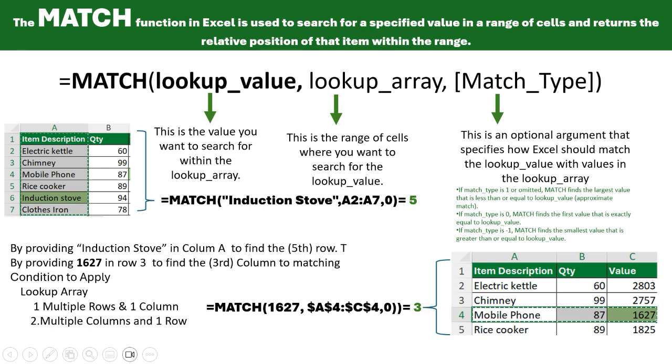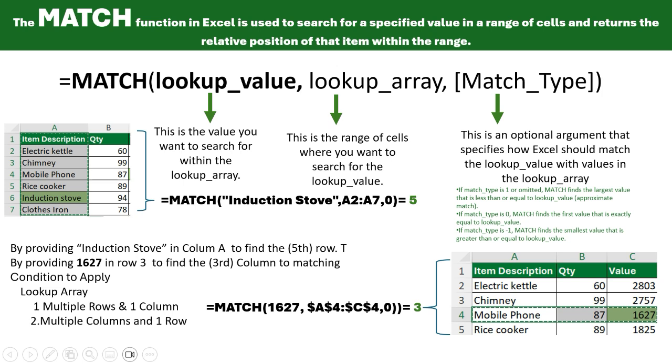If the match type is 0, MATCH finds the first value that is exactly equal to the lookup value. And third, if match type is -1, MATCH finds the smallest value that is greater than or equal to the lookup value. So this is how the syntax of the MATCH function works.